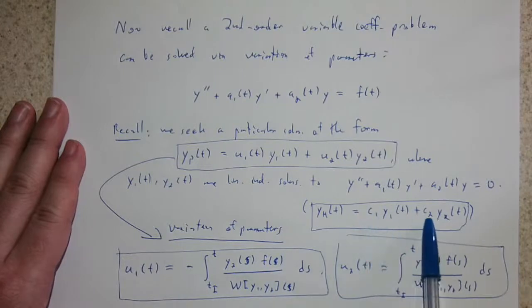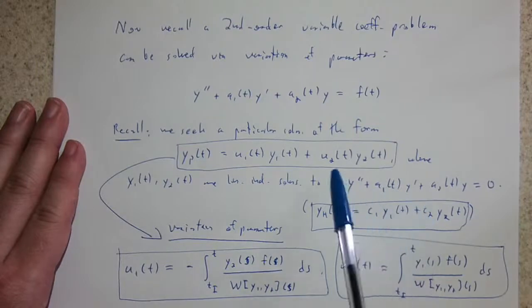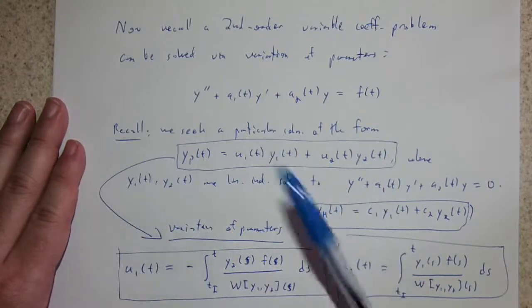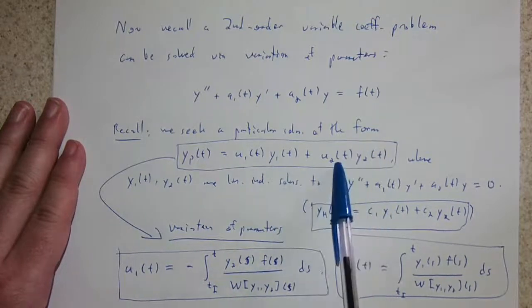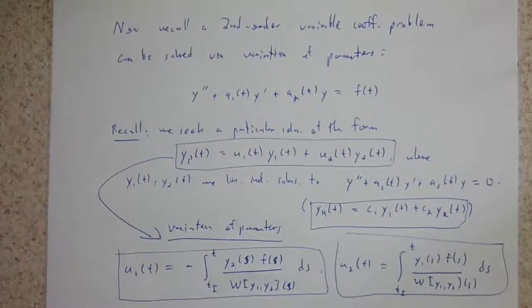I varied them by considering these now as functions of t, u1 of t and u2 of t. Then the particular solution takes the form u1 times y1 plus u2 times y2.